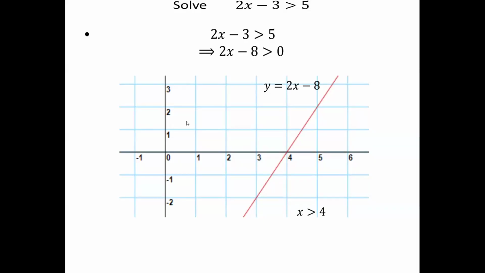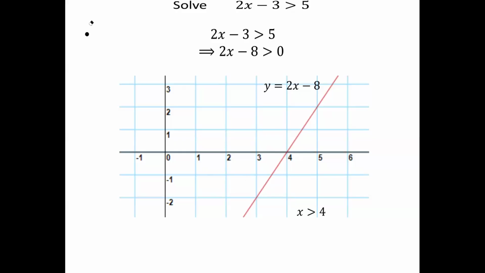You wouldn't use it for a linear inequality, but we're going to borrow the idea and bring it to when we deal with perhaps the quadratic inequality, and especially when we're dealing with the rational inequality.